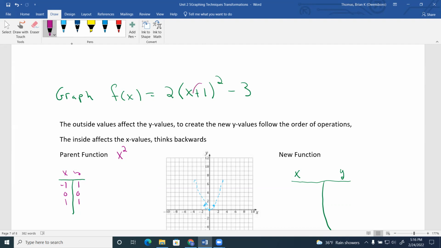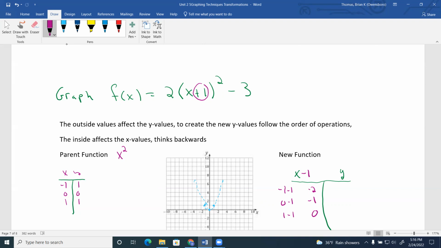So this +1 is going to affect the x's. So that means I have to lose 1 on my x's. So I have a -1, take away 1, that's going to be a -2. 0, take away 1, that's going to be a -1. 1 take away 1 would be 0.